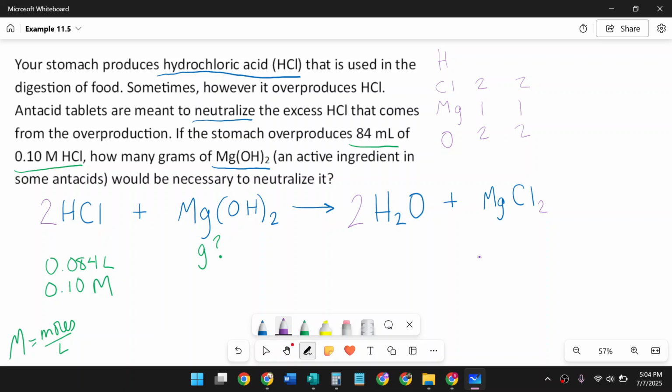And let's see if that fixed my hydrogens. So I have 4 here, and then on this side 2 plus 2, which makes 4. So I have 4 and 4. So this is my balanced equation. So 2HCl plus MgOH2 yields 2H2O plus MgCl2.